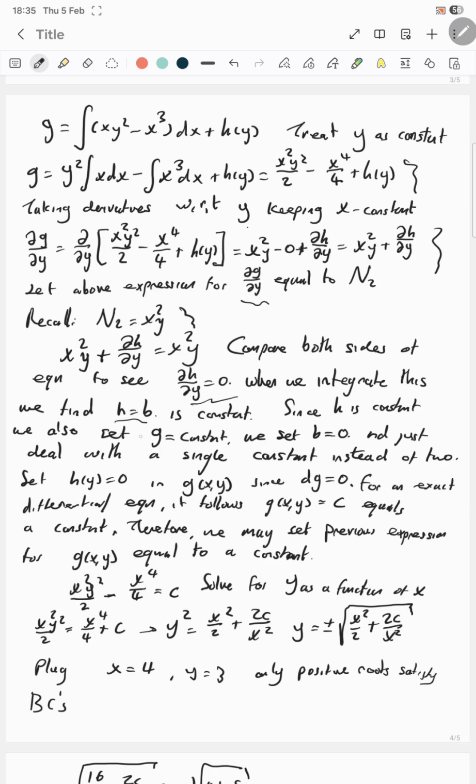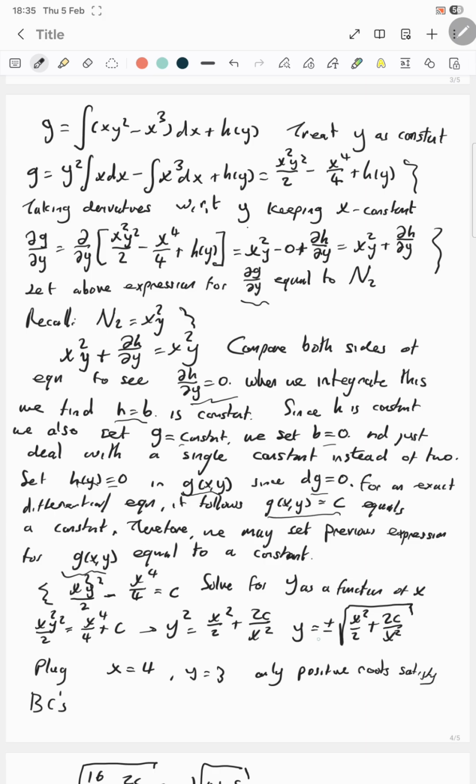Since h is constant, we also get g is a constant, and set b equal to 0, and just deal with a single constant instead of 2. We set h of y equals 0 in g of x,y, since dg equals 0. For an exact differential equation, it follows that g of x,y equals some constant. Therefore, we may set the previous expression for g of x,y equal to a constant, which we do here.